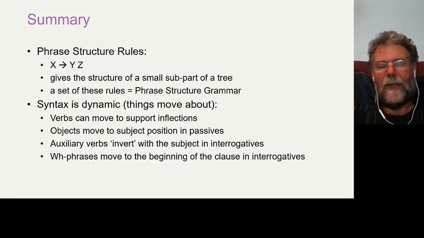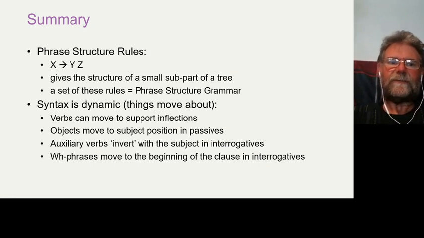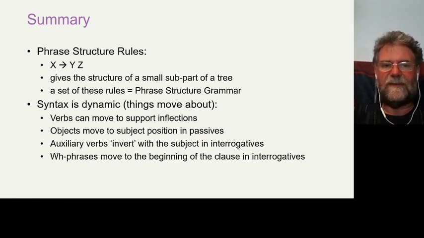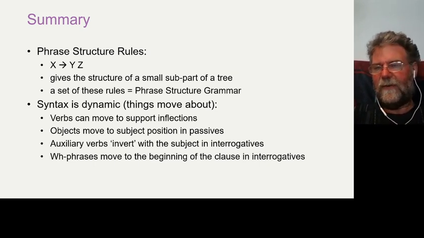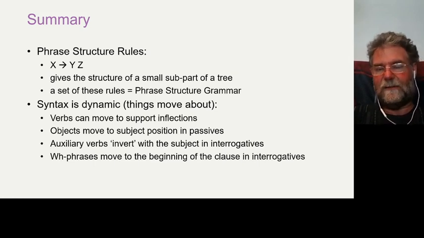The kinds of movements that we've looked at: verbs can move to support bound inflections. Objects can move to subject position in passive sentences. Auxiliary verbs can invert with subjects in yes-no type questions, and WH phrases can move to the beginning of the clause in other kinds of interrogative sentences.